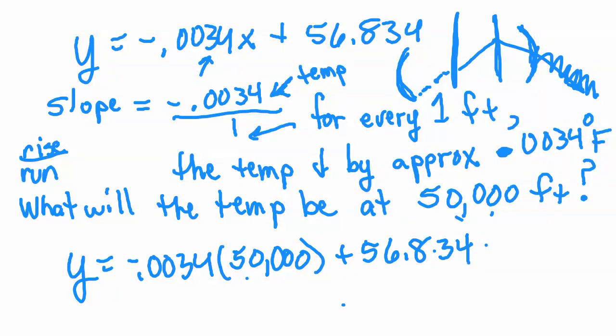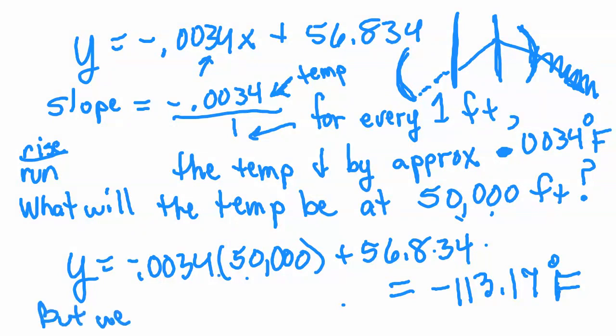Again, this would be to use a line for prediction, to tell us what might happen outside of the range given. When you do that in a calculator, you get negative 113.7 degrees Fahrenheit. But we could not predict, say, 100,000. That's too far away.